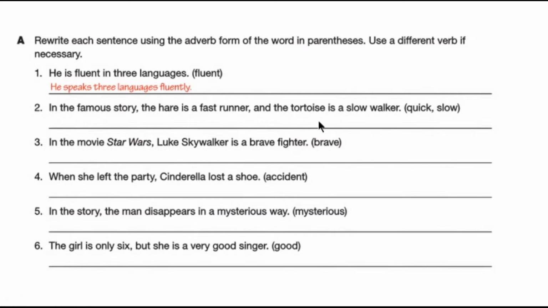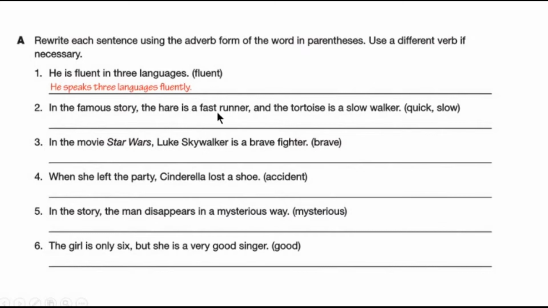Please, here you don't have the verb in some of them. I will tell you in Spanish: en algunos no tienen el verbo, ustedes tienen que sacar el verbo, porque recuerden, estos adverbios califican a la acción. Entonces, si yo tengo walker, ¿cuál sería el verbo? Walk. Si tengo runner, el verbo sería run, ¿no?